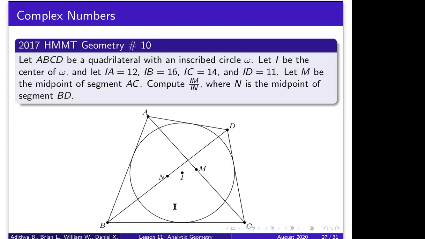This is the last problem on the geometry test. So with the diagram shown, let's jump into the problem.